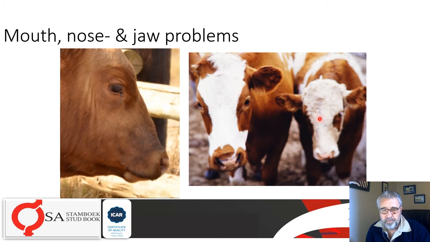So this is a skew face, and it can also be a twisted face sometimes. This is a good example of an undershot jaw. Obviously, the best way of dealing with that is to get the animal in the crush, open up the lips and see if it bites nicely in terms of the jaw.